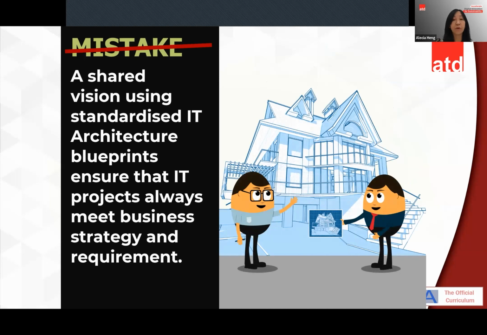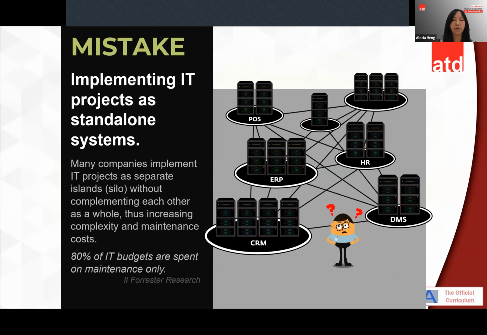And secondly, we also look at the fact that every time we implement a new system, we tend to create islands of system, right, within the organization. In the past, we had islands of system. Now we also have islands of digitization projects, right?